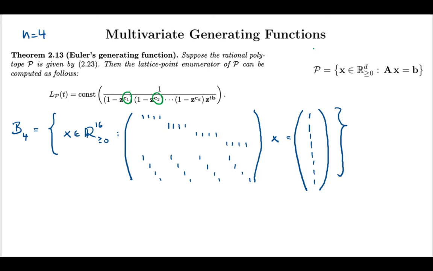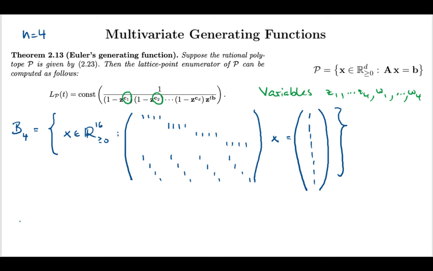So I want to introduce two sets of variables, one for the first 4 rows of A and then one for the second 4 rows. So maybe I think in the book the variables according to the first 4 rows are going to be called z1 through z4, and then we have w1 through w4 for the next 4 rows.